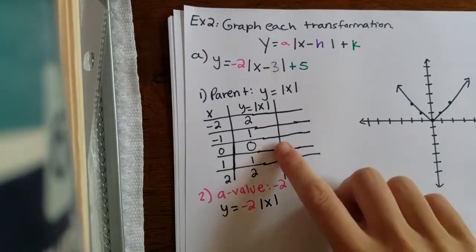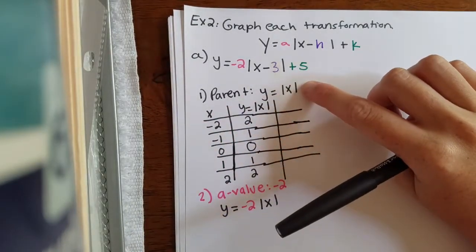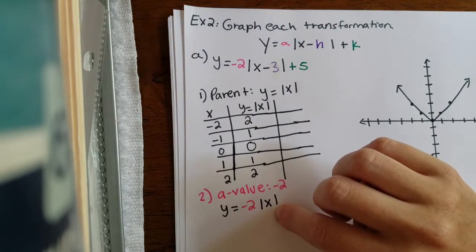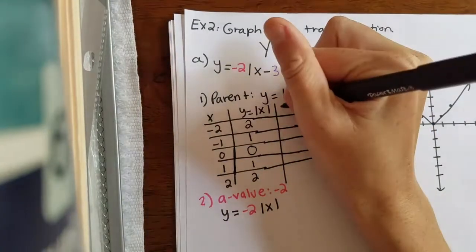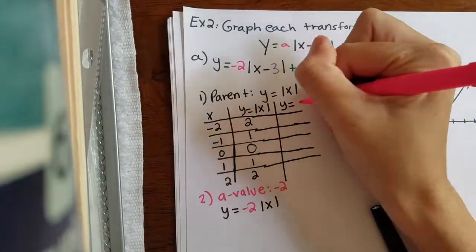We're dealing with the same x values, but now, instead of the absolute value of x, we have negative 2 times the absolute value of x. So, we're going to find new y values for this new graph.